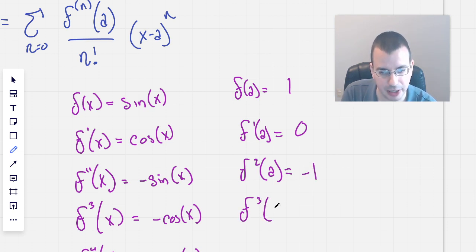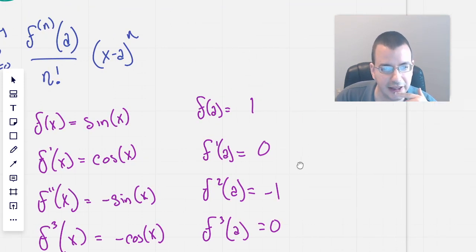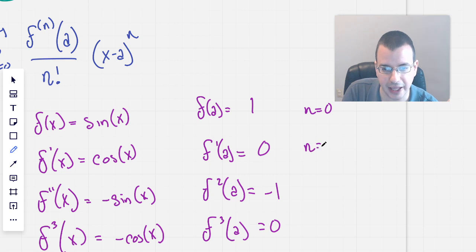F triple prime of a will again be 0. And then, circle of life, the fourth derivative equals 1. Keep in mind that here we have n equals 0, n equals 1, n equals 2, n equals 3, n equals 4.